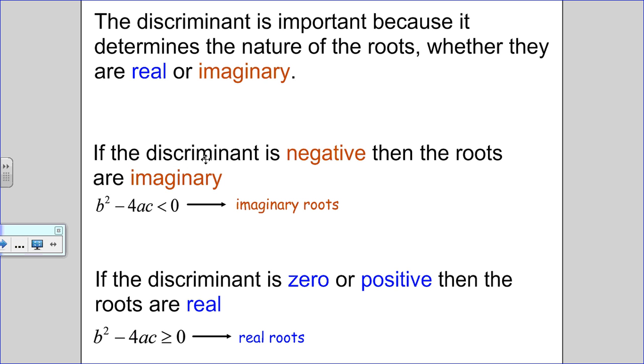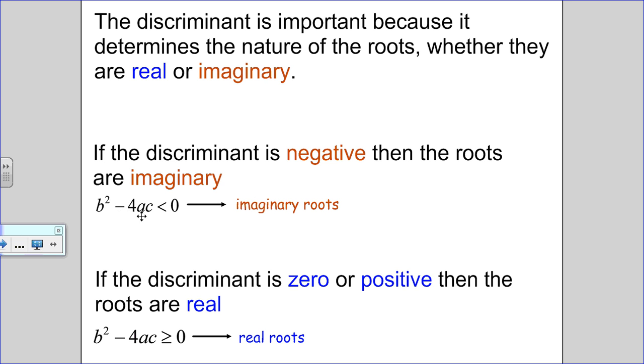Well, if the discriminant is negative, then the roots are imaginary. So if you have a discriminant that's negative, the parabola will not intersect with the x-axis. If the discriminant is 0 or positive, then the roots are real. Then you will have an intersection with the x-axis.